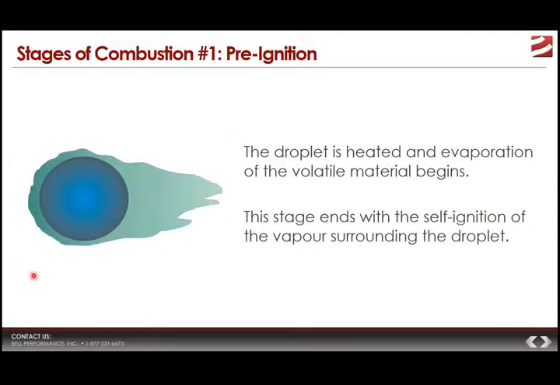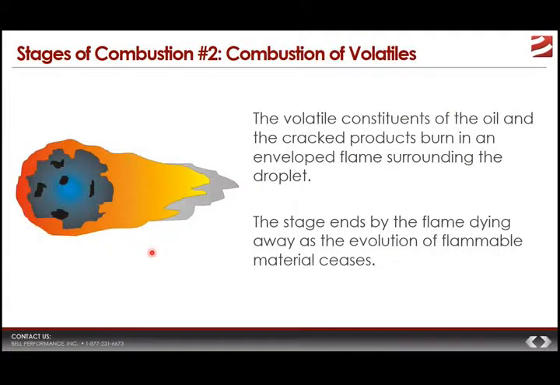This could be inside of a furnace. So this gets heated, the volatiles start to come out, and then they're going to self-ignite. They're going to catch fire. That leads us into the second. The volatiles combust. They start to combust. The volatile constituents of the oil, and of the cracked products inside of that oil.